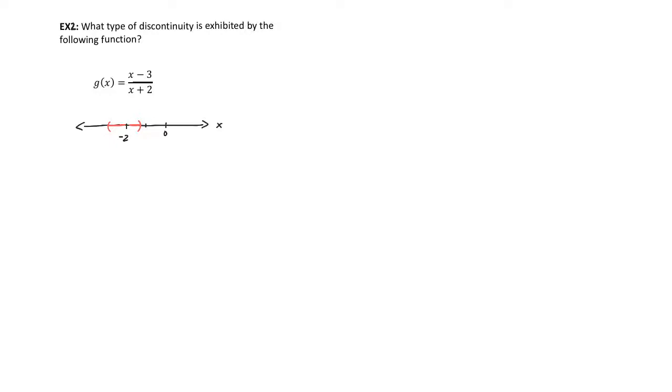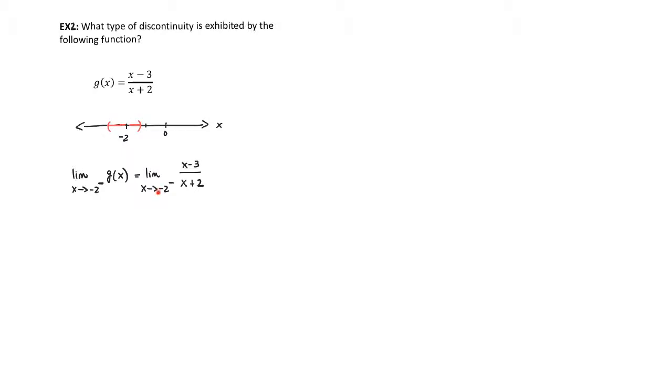All right. So let's start with the left-hand limit. The limit as x approaches -2 from the left of g of x. That means this is the limit as x approaches -2 from the left of x minus 3 over x plus 2. So what is happening here is the following.